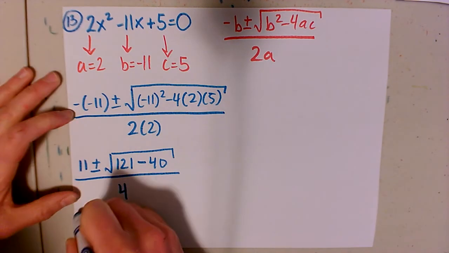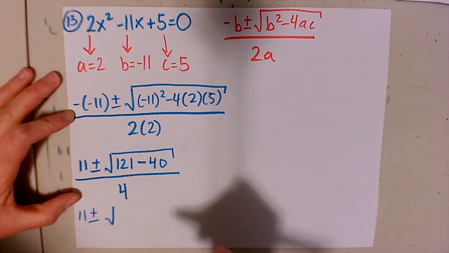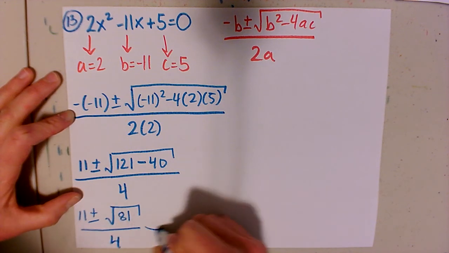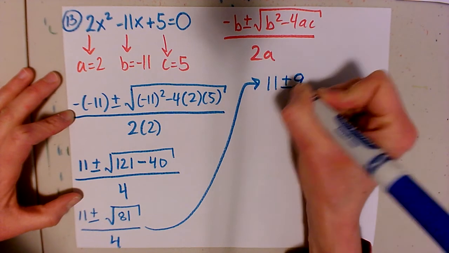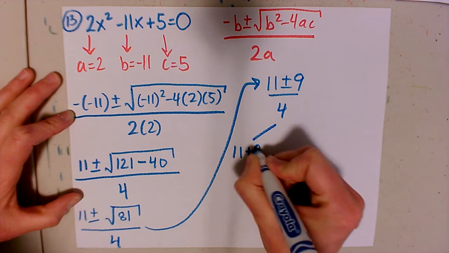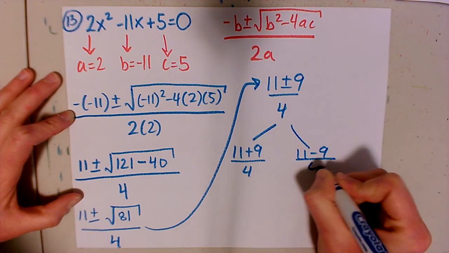So this is going to turn into 11 plus or minus, and then 121 minus 40, that's going to be 81, all over 4. So kick this up here, so I'll have 11 plus or minus 9 over 4. So this is going to turn into 11 plus 9 over 4 and 11 minus 9 over 4.